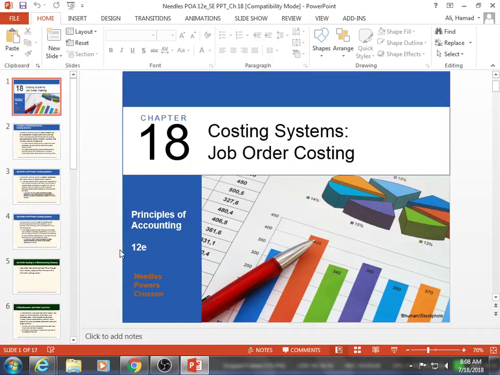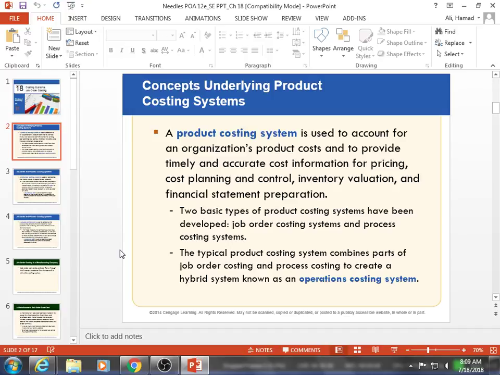Okay, chapter 18 is about costing systems. There are two costing systems, job order costing and process costing, and we are going to go over chapter 18, job order costing. As we said, there are two types of costing.